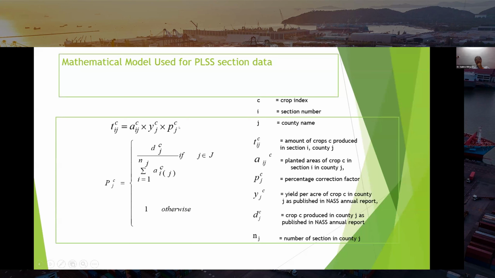The yield can be the published yield, or it can be forecasted using satellite image, and P is the percentage correction factor. So we summed up the production for individual counties, which is published data available for many states. And we found a correction factor from our estimation, and we use that to correct the production for each of those sections.